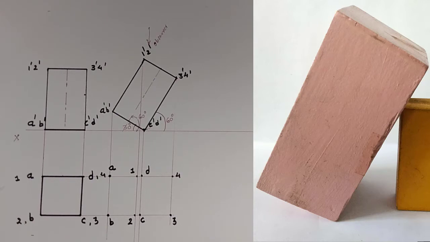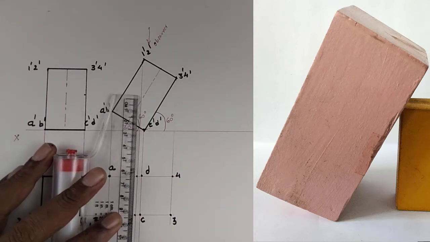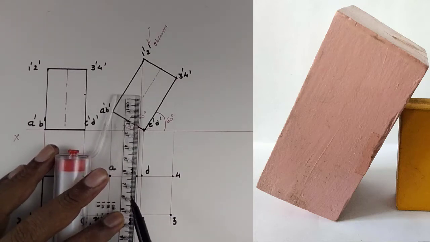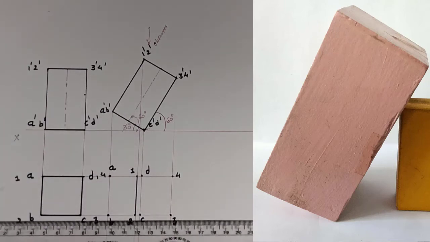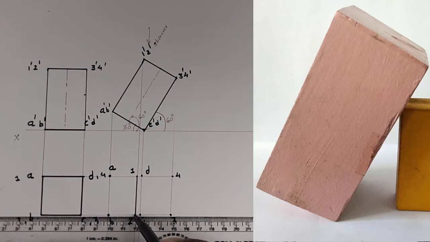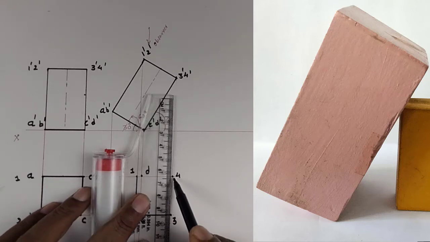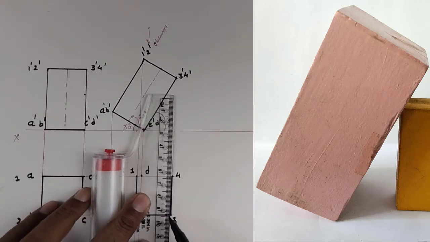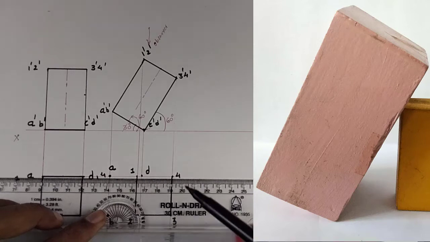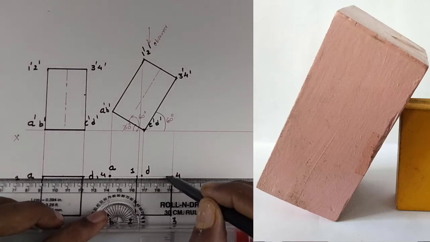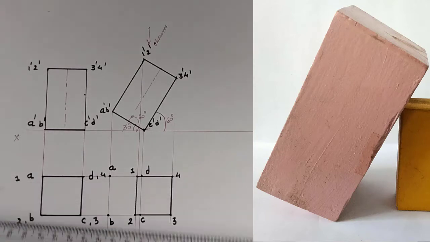So first we draw our upper base with a full line. 1, 2. The edge of the upper base 2, 3. Edge of 3, 4 is 4, 1.